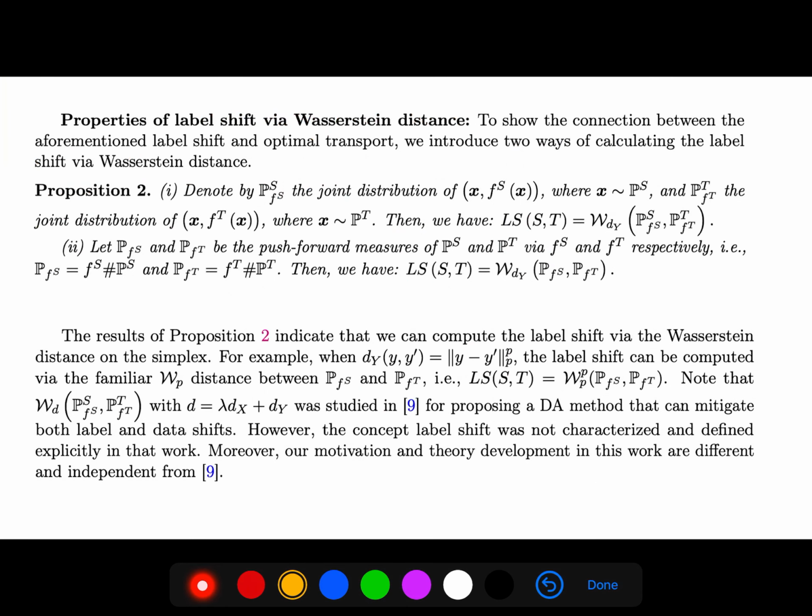And then there are some properties of label shift that we can talk about using Wasserstein distance. We can prove that the label shift between them is just the Wasserstein distance between the source and the target.